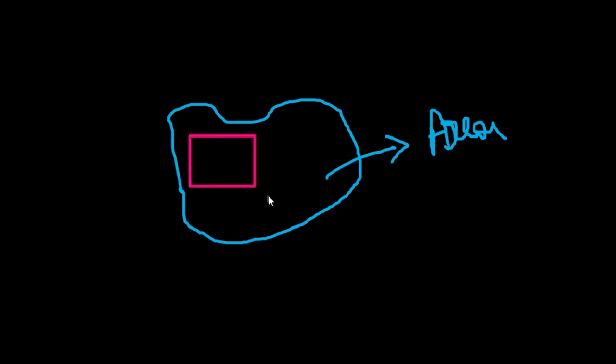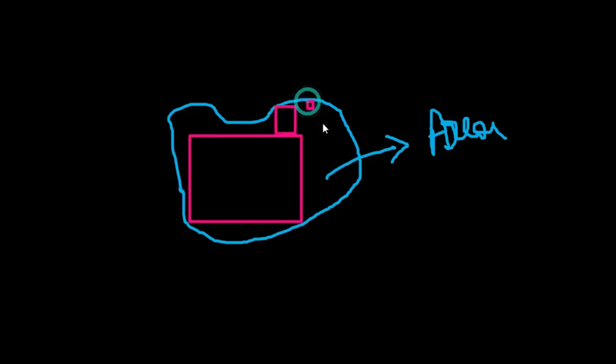Suppose I have an irregular shape like this. How to find the area of this particular region? We already saw this example in our previous session. Either we can go for the integration process or I have another idea. I can split that particular model into definite shapes. I can create small rectangles, as many as possible, over here.